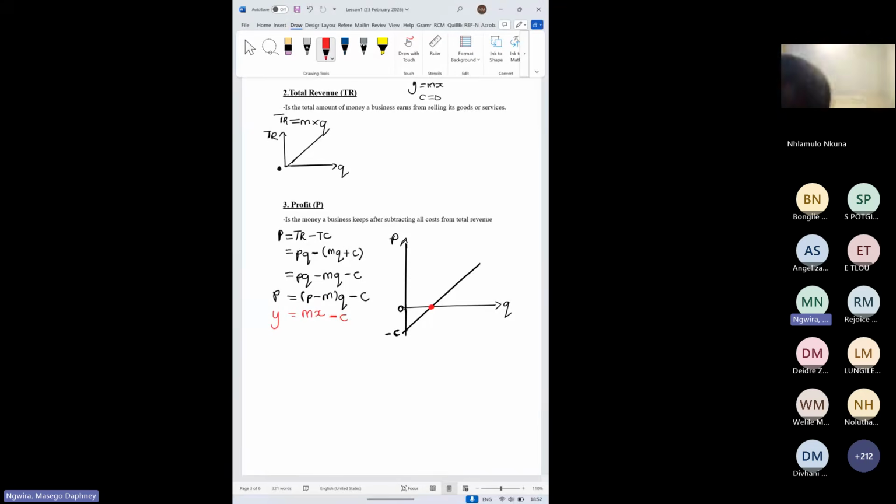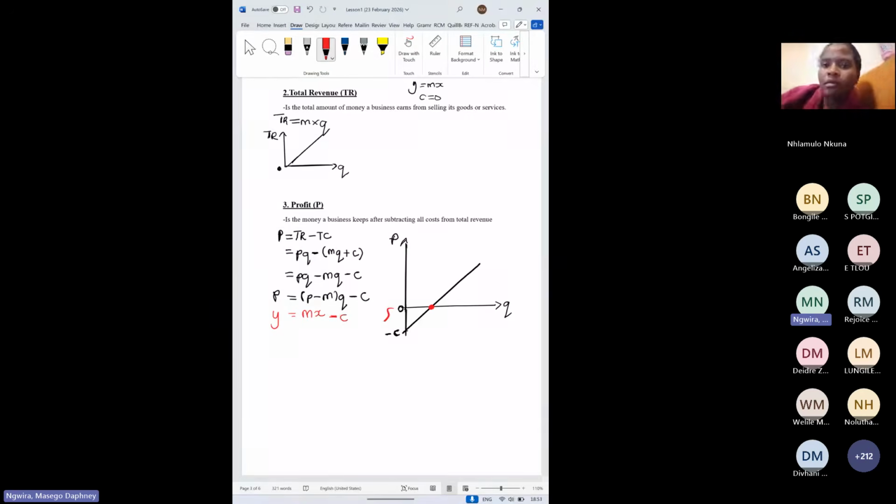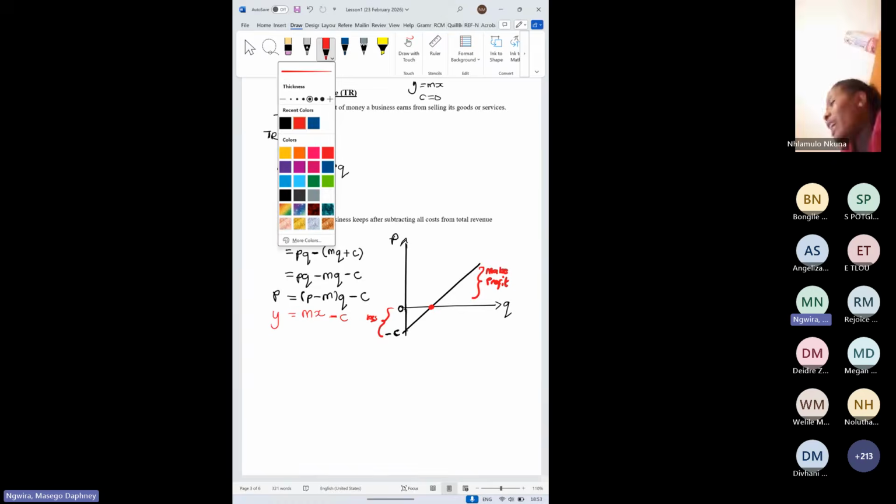This part of the graph is a loss, and this part is where we make profit. All right. So now let's try to combine all the graphs and see what happens.